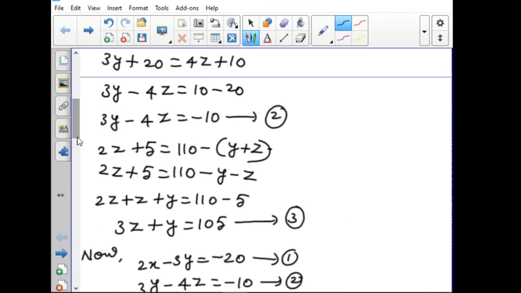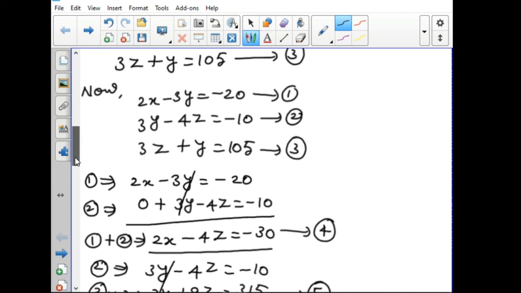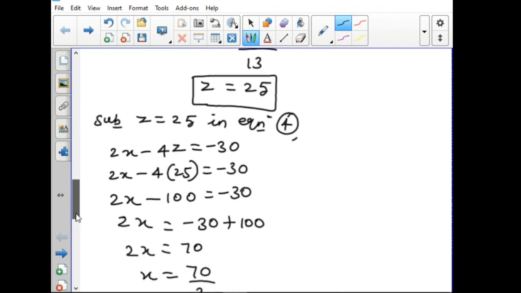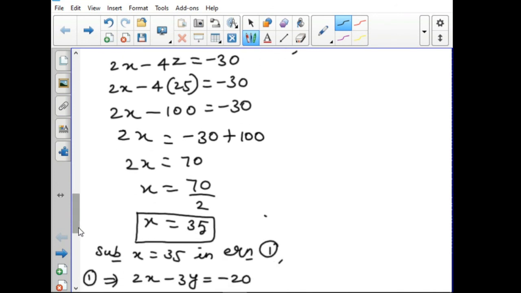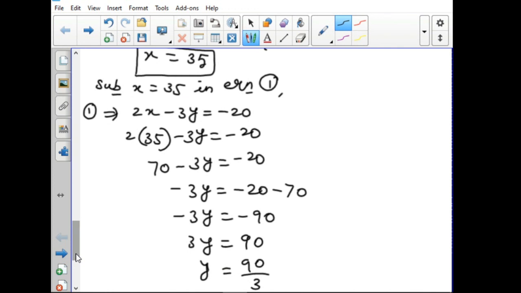Next I have to consider the second two terms, and I get the second equation. Next I consider the last two terms, and I get the third equation. Then I have to solve the equations and get the value of z first. Again I substitute the value of z in another equation to get the value of x. Then I substitute the x value and get the y value.